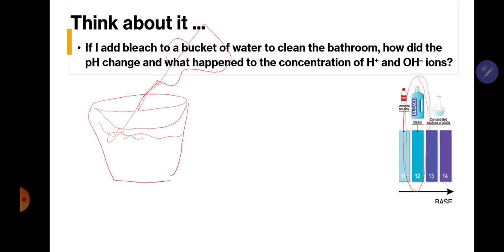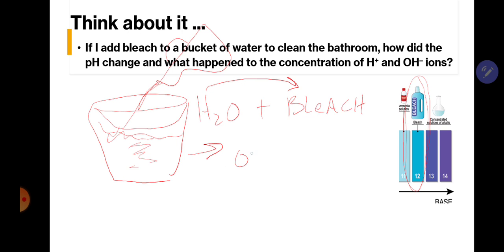There's all my bleach going into the water and distributing, so my water and my bleach are going to be mixing together. Bleach is a base, so it's going to accept hydrogen. Water is going to be giving up its hydrogen, so then we'll have OH minus, and the bleach will be a little bit more positive with that extra H.